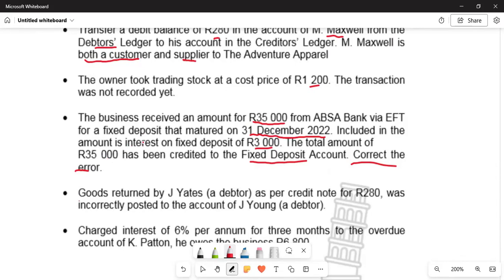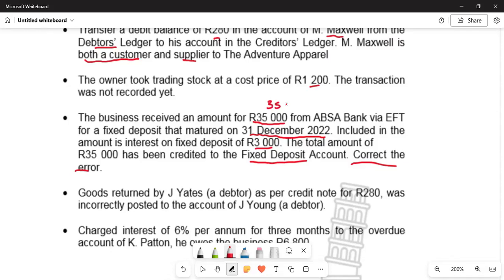What we are saying with this transaction is that the business received the amount of 35,000 from Absa. So it means that 32,000 is the fixed deposit principal, the original investment. Where do we get 32?